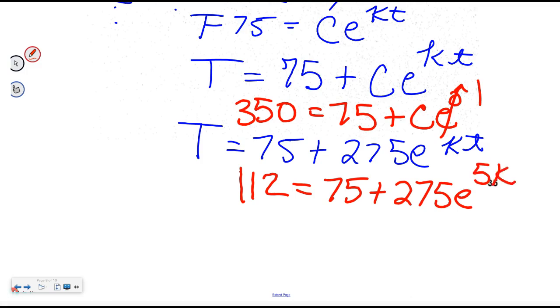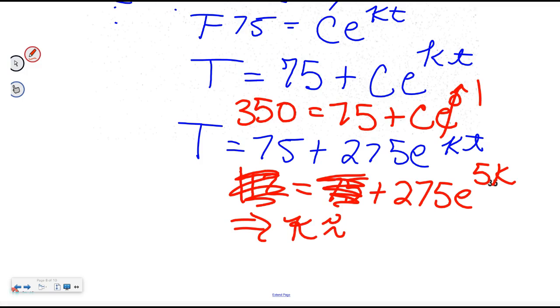You guys go do it on your calculator. Again, if you want to just clip them off, if you want to just go minus 75 equals whatever, divided by 275, natural log, divided by 5, you guys go do the whole thing and I will steal your k. This would imply k is about, and we really should store it, but I'm not going to. I'm going to steal whoever cranks that out.